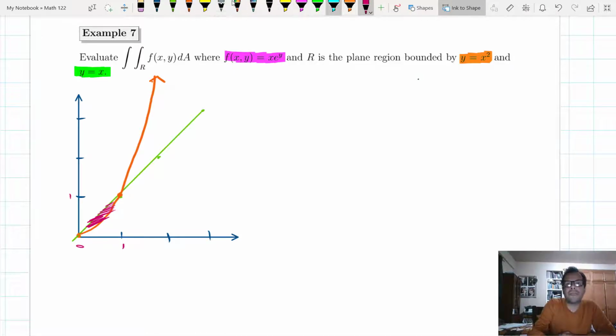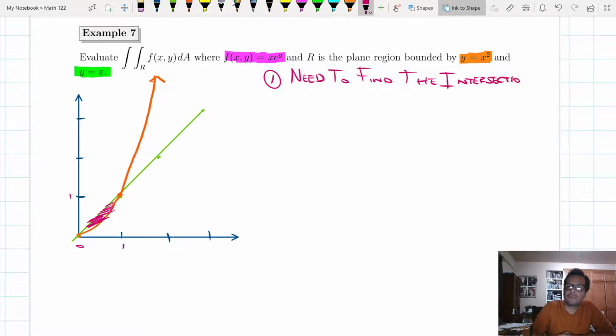So number 1, we need to find the intersection points first, right?